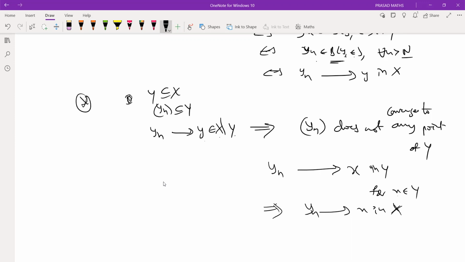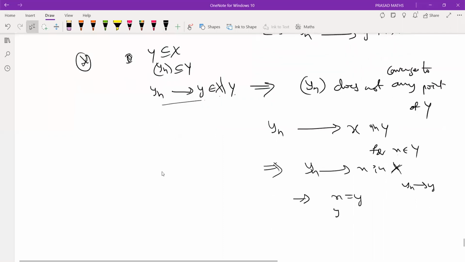But I said earlier that the limit of a convergent sequence must be unique. Therefore, as y_n converges to y and y_n converges to x, x is equal to y. That means y is in Y, which is an absolute contradiction, because y is not in Y.